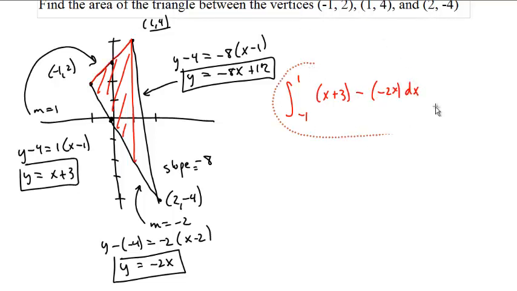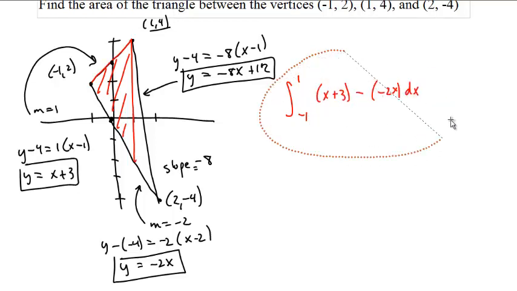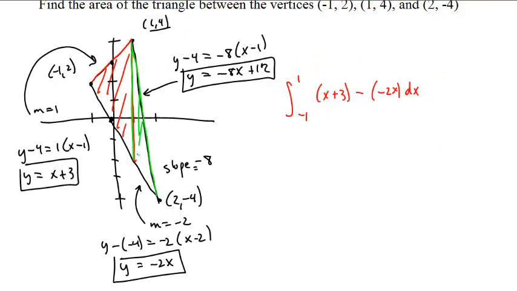And then between 1 and 2, this green area is the integral from 1 to 2 of the upper function there, -8x plus 12, minus the lower function, which is the same, -2x, dx.